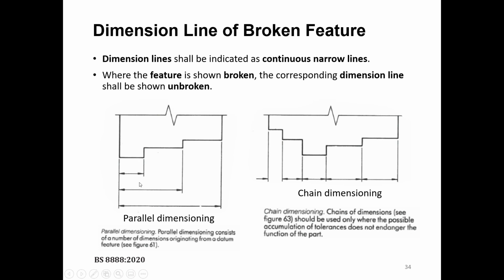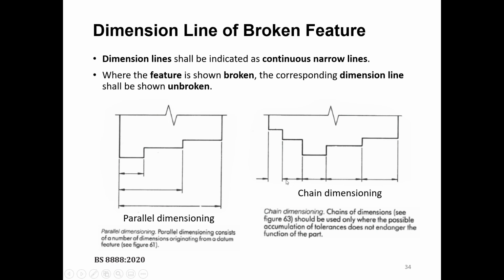Because in parallel dimensioning here, the reference line is the datum. They all start from here, so they do not affect each other. The tolerance here and the tolerance here and the tolerance here do not add up.